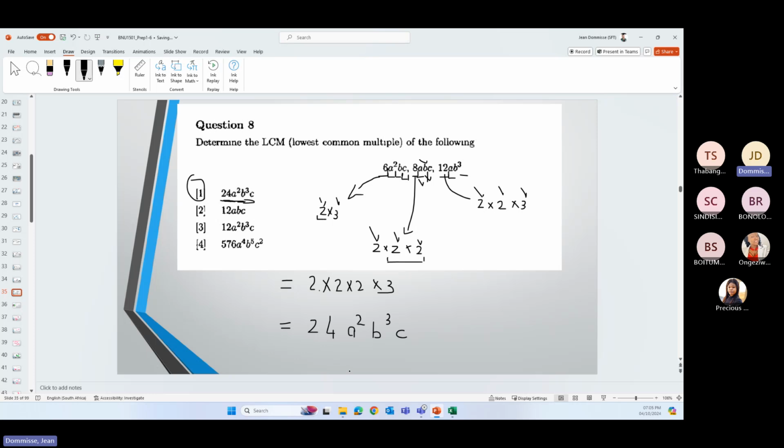The A to the power of 2 covers all of the A's. B to the power of 3 again covers all of the B's. And only 1 C again covers all the ones that have 1 C. Okay, so that would then have been our lowest common multiple, which is option 1.